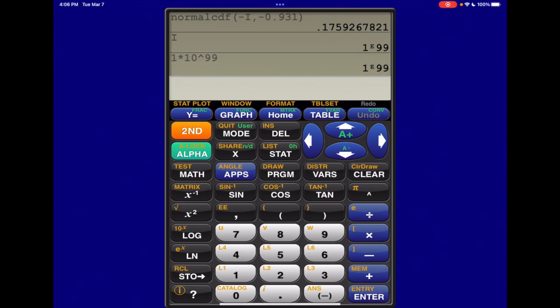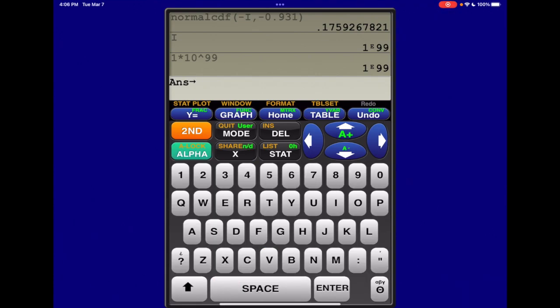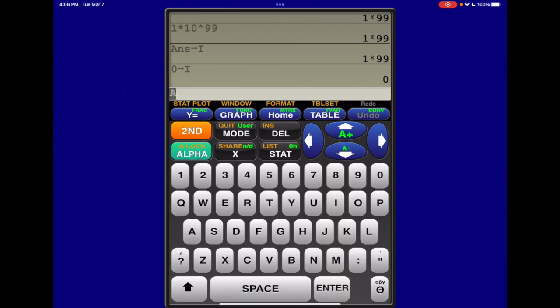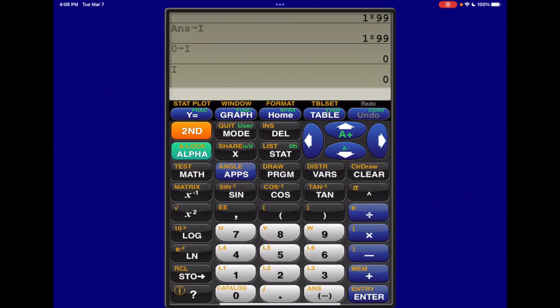Now go to the left of the 1 key and see the one that says STO with an arrow. That's store. If you press that, it's going to take that answer and store it into whatever variable you want. You can pick I, and then press enter, and it'll be stored there. Let me show you that process again. I'm going to take 0 and store it into alpha I. Now when I press alpha I and enter, I get the wrong answer there.